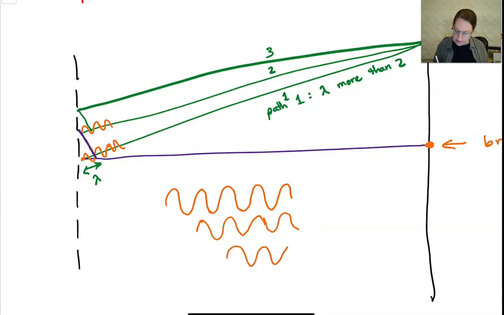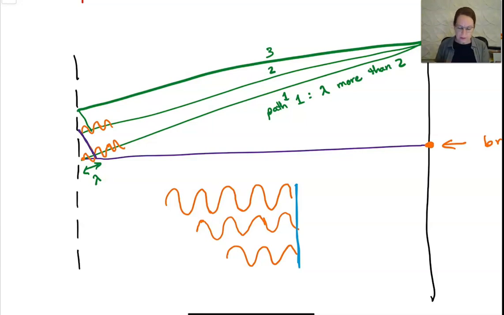They're all in step. So they all land at sort of the same place at the same time. And so they're all going to add together, and they're going to add constructively, because the only difference in their path is this 1 wavelength.